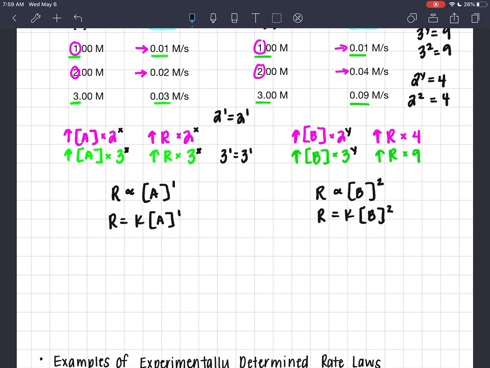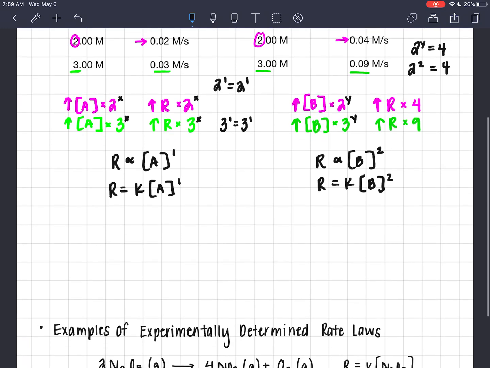Now they look a lot more similar because they have that constant of variation in common, and it is the same constant of variation. So if I wanted to create one rate law, I would just take these two equations and combine them. So my rate of my reaction is going to equal my constant of variation times the concentration of A raised to the first power times the concentration of B raised to the second power.